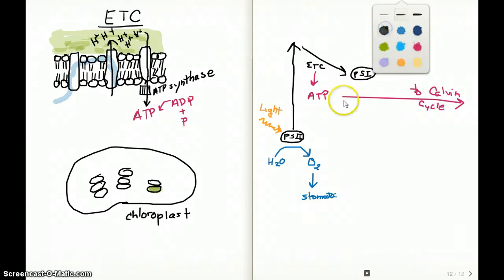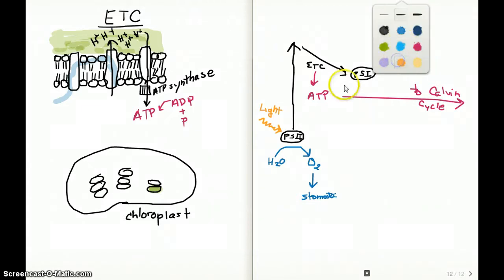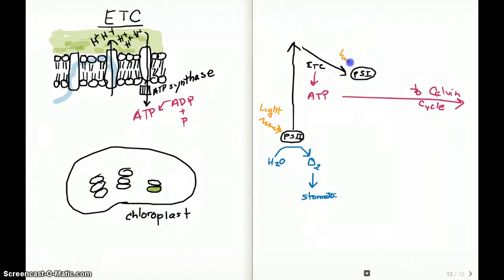Going back to photosystem 1, when it gets here, we have another photon of light coming, and remember that they're not working against each other, they're working together. So it's a different wavelength of light that it picks up, and this happens to be a different chlorophyll molecule.